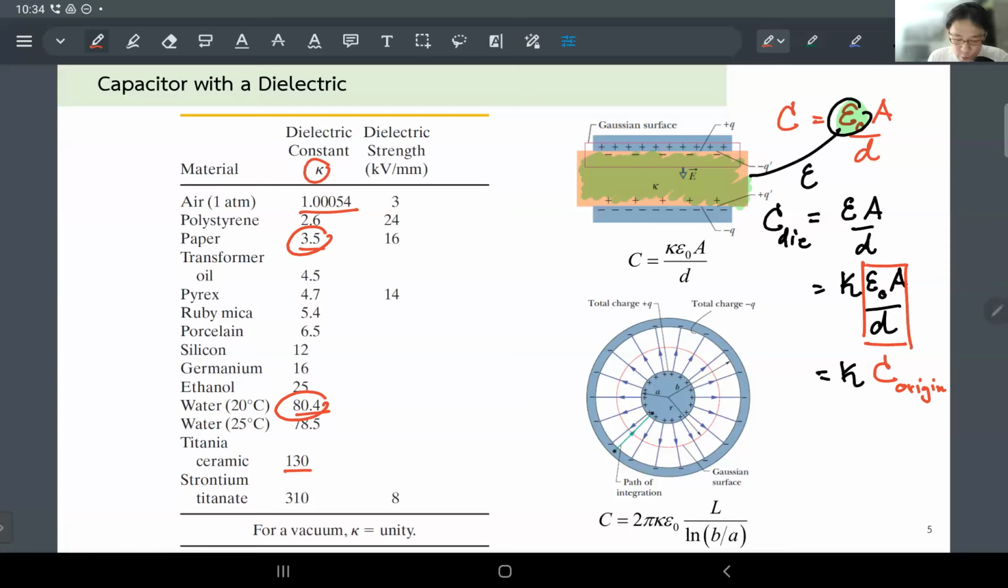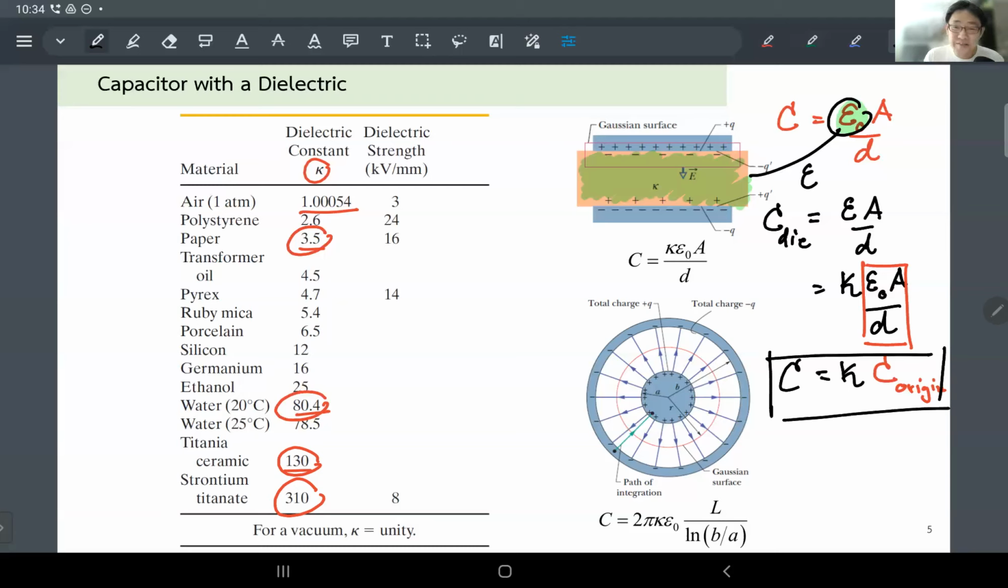So that means if you squeeze in some crazy material that you already engineered, with the same dimensions as your original capacitor, you can improve the value of the capacitance by hundreds of times. That's what it is. Cool. And as you can see, simple.